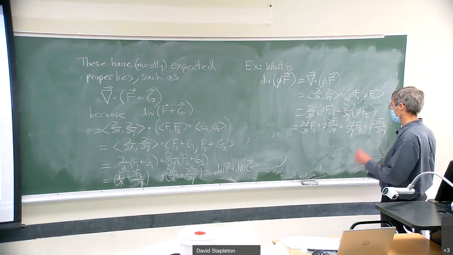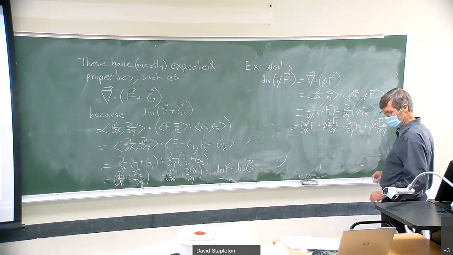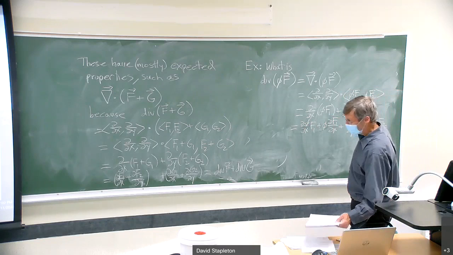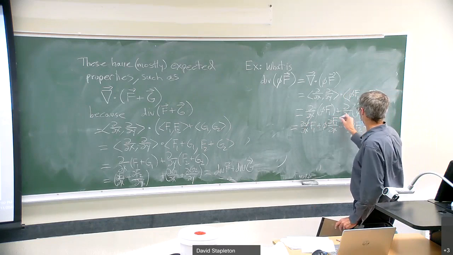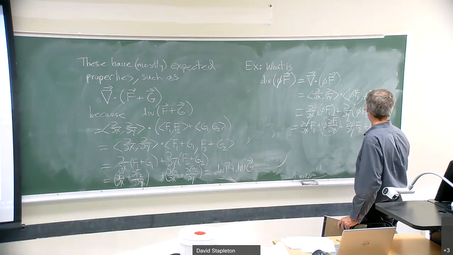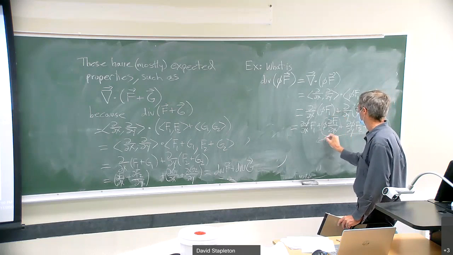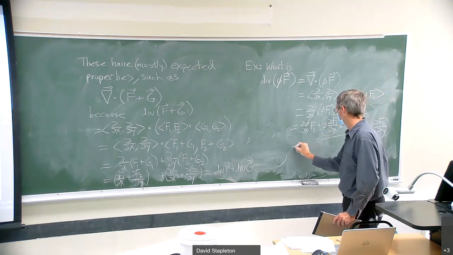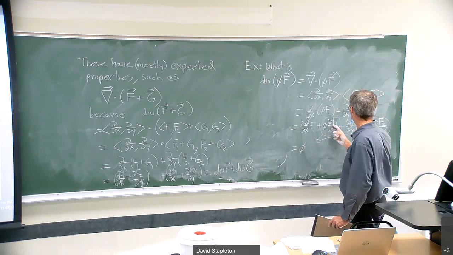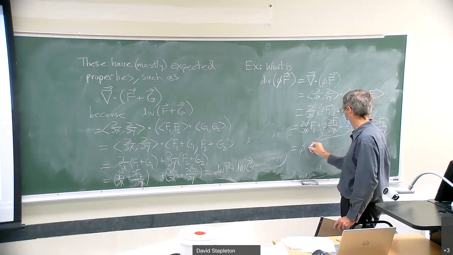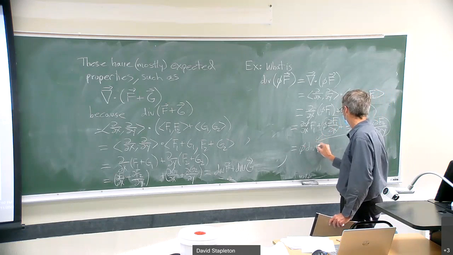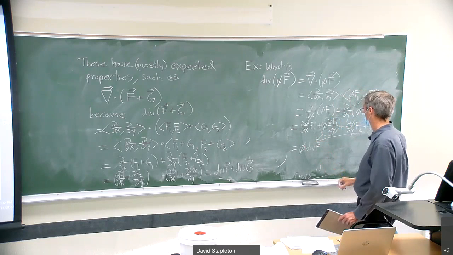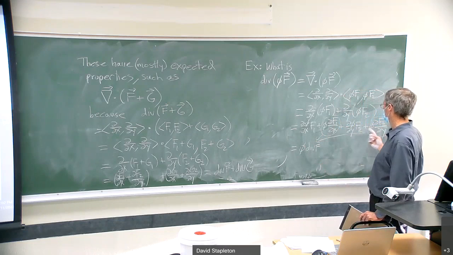And now you can see what this comes out to be. If you pull these two together, you can say that this is equal to phi times d f1 dx plus d f2 dy, which is the divergence of f, right?